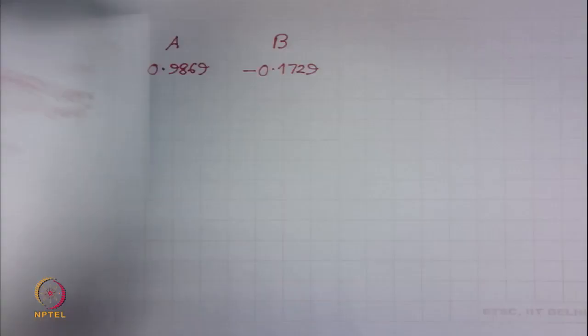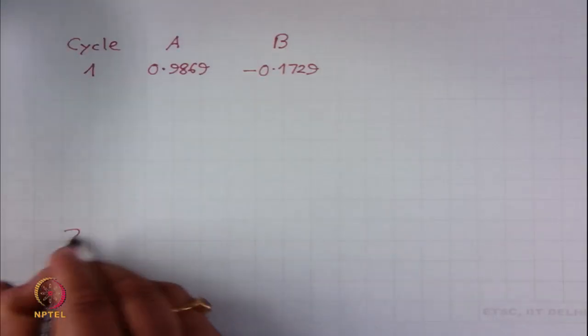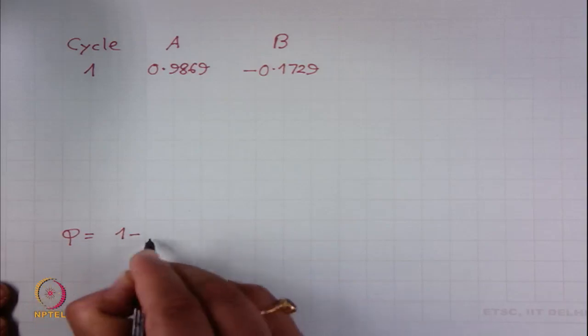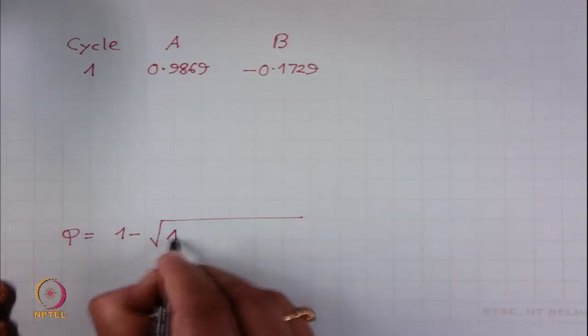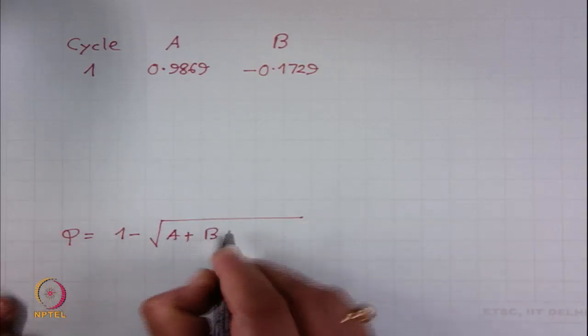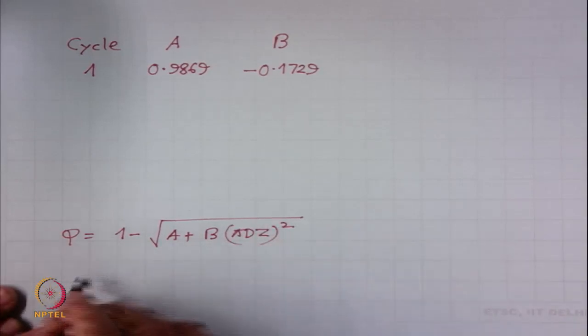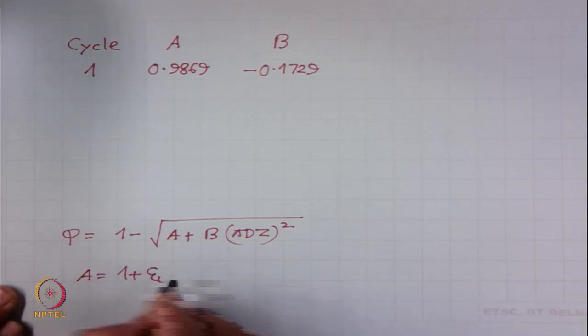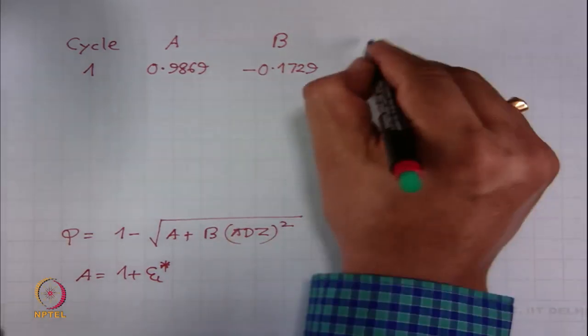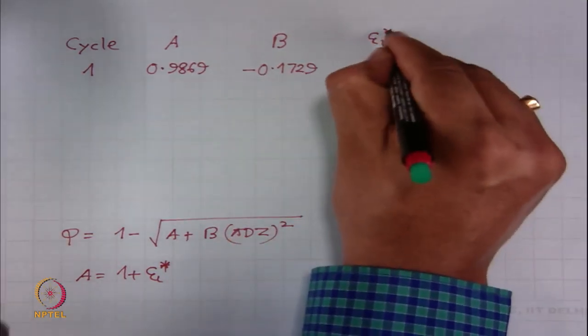Now, if we see here phi is equal to 1 minus root over A plus B into pi dz square. A, what is A? A is equal to 1 plus this. So, we will be able to obtain this value.